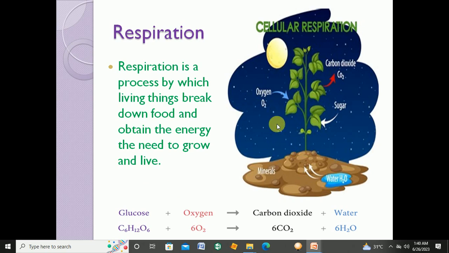This concept that I am telling you theoretically is written here in the form of an equation, and you have to learn this equation of respiration, in which we state that glucose plus oxygen are the reactants, and carbon dioxide and water are the products.